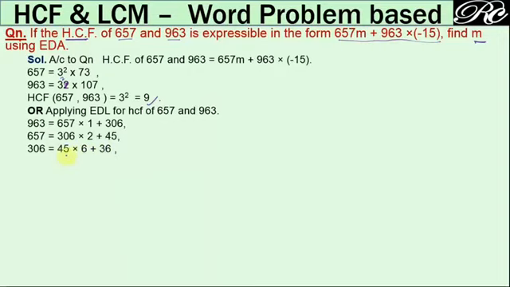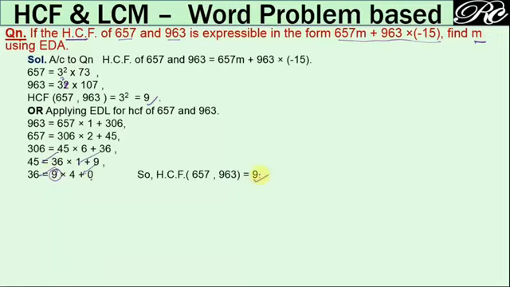Now 45 is the dividend and 36 the divisor. We can write 45 is equal to 36 into 1 plus 9. Now 36 is the dividend and 9 the divisor. We can write 36 is equal to 9 into 4 plus 0. Here we are getting the remainder 0. So 9 is the HCF.